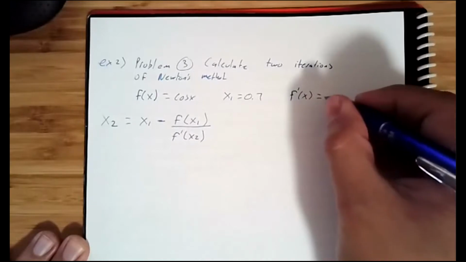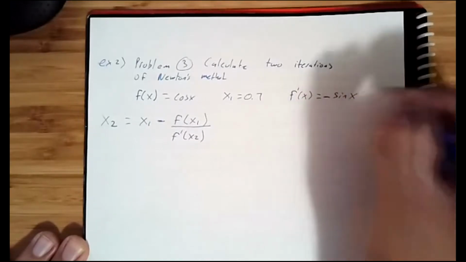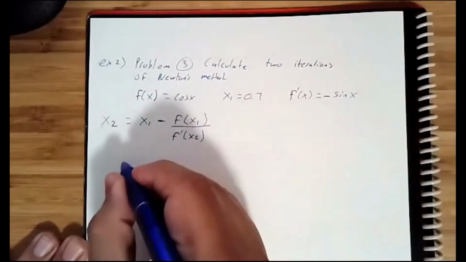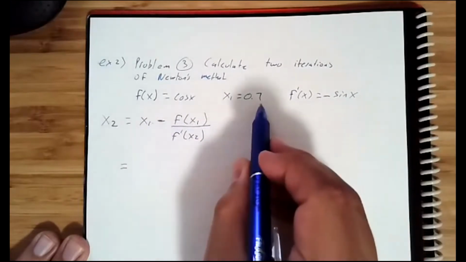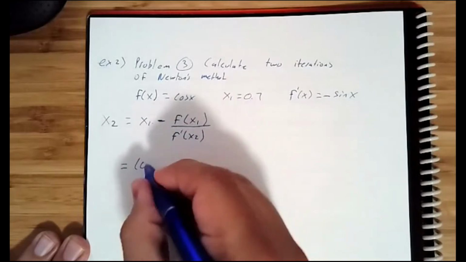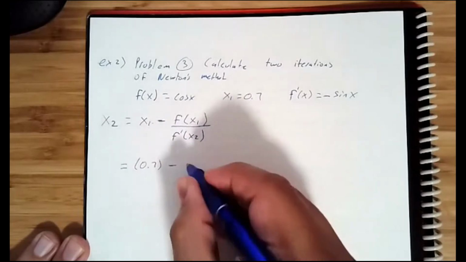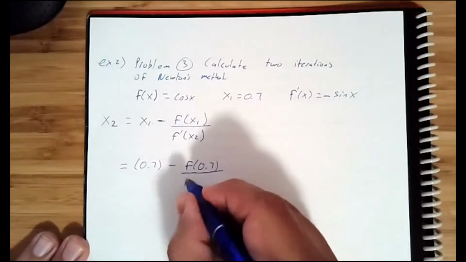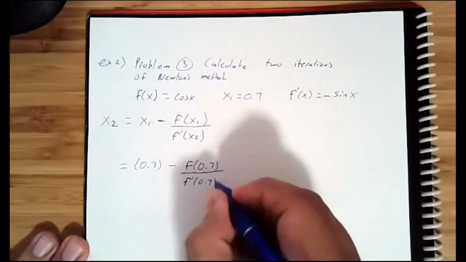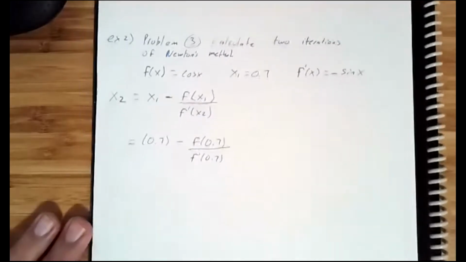The derivative of cosine is negative sine. So x2 is equal to 0.7 minus f at 0.7 over the derivative at 0.7, right?